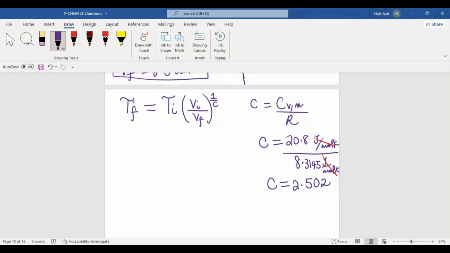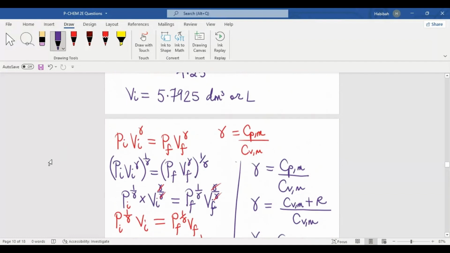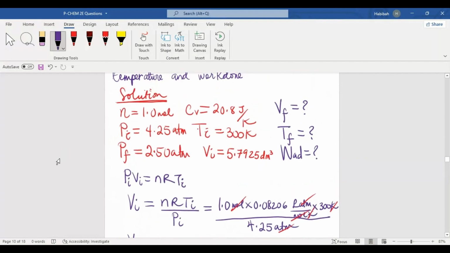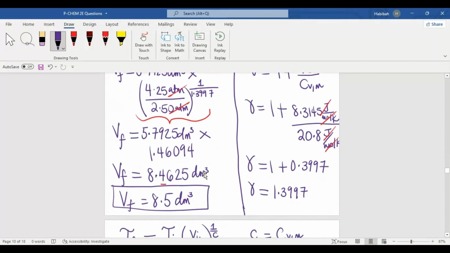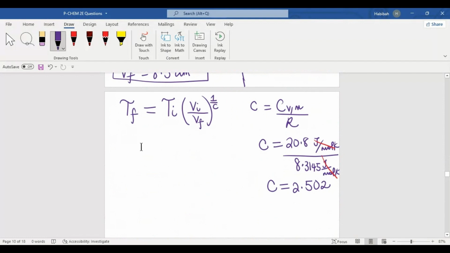So now we've done it the right way. We have the initial temperature, which is 300 Kelvin, the initial volume, which is 5.7925 dm cubed, and the final volume, which is 8.4625 dm cubed, as well as the C value. So all we have to do is substitute.